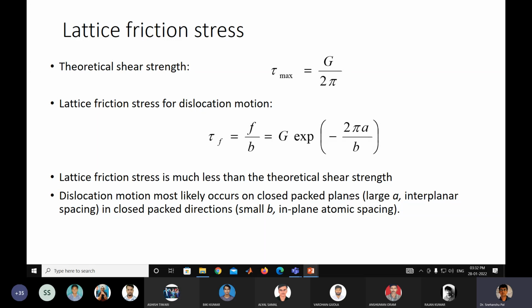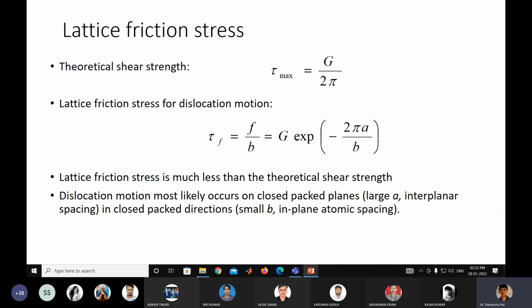So it is a perfect crystal, so the bond strength will be very high. The atoms are in the proper arrangement. We already understand how, at the atomic scale, the bond strength is related to elastic deformation and plastic deformation. So you can use that concept, and then you understand that the lattice frictional stress must be much less than the theoretical shear strength.